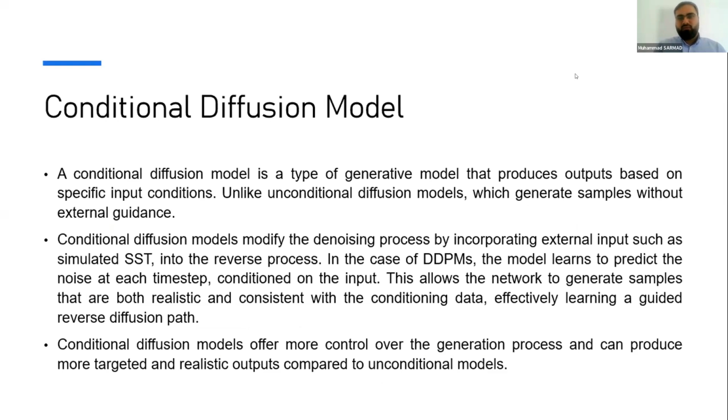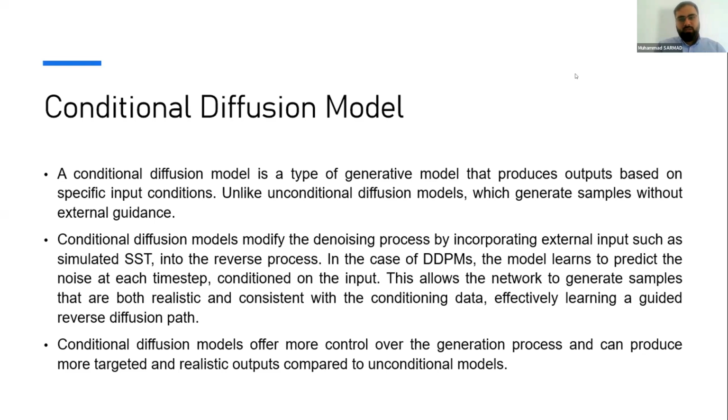So we have two kinds of diffusion models in the literature, but what is the difference between them? In our study, we are using a conditional diffusion model, which is a type of generative model that produces output based on specific input conditions, while the unconditional diffusion model generates samples without external guidance. The conditional model modifies the denoising process by incorporating external inputs, such as simulated SST in our case, into the reverse process.